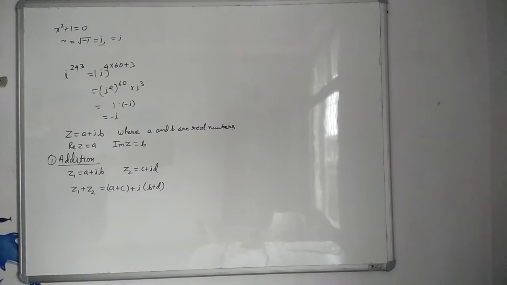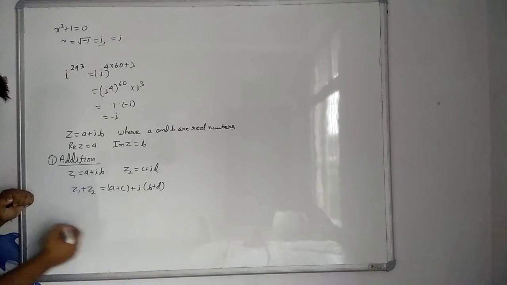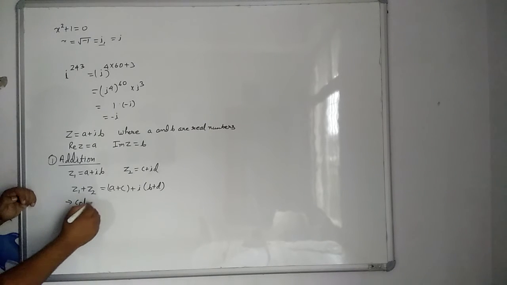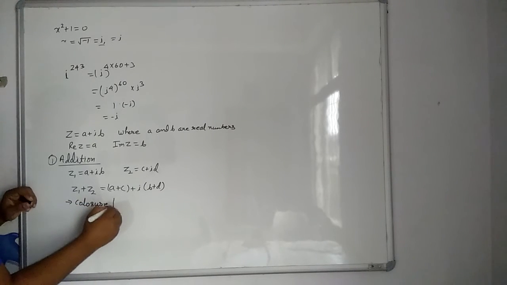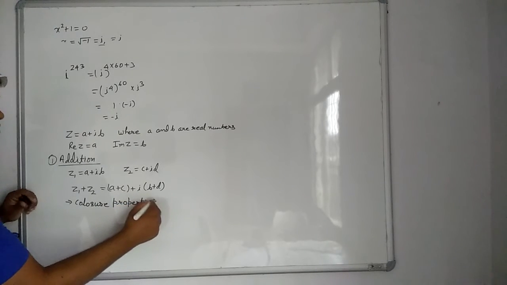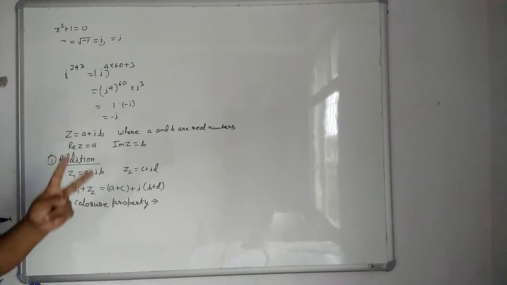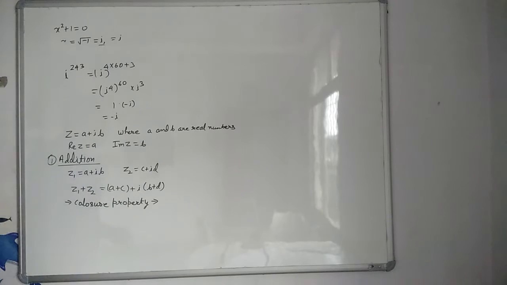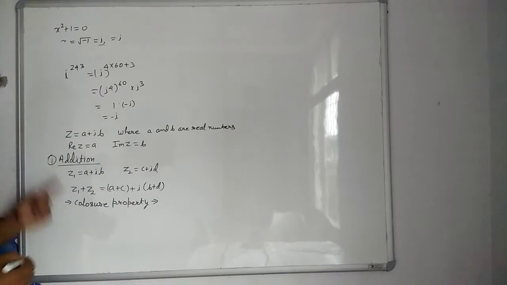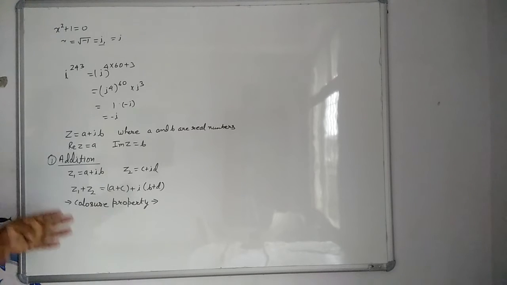Now what properties does addition of two complex numbers follow? The first property is closure property. What do we mean by closure property? Closure property means the sum of any two complex numbers will always be a complex number. So the set of complex numbers is closed with respect to addition.